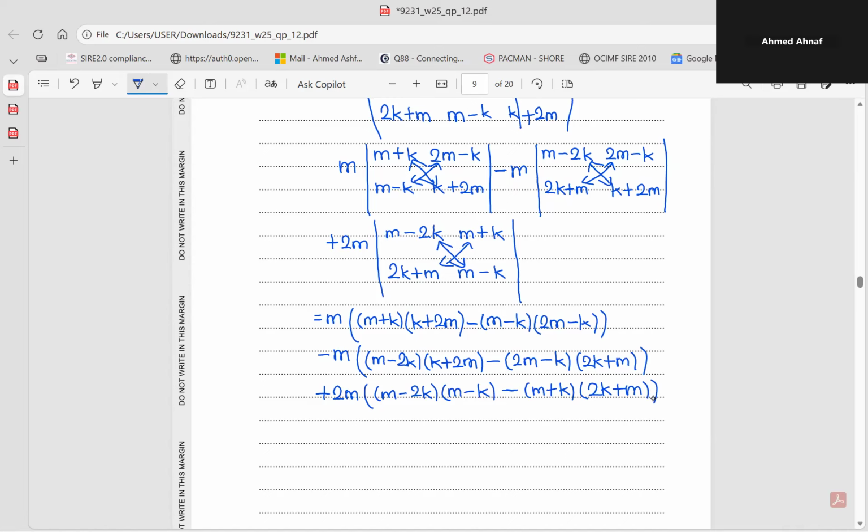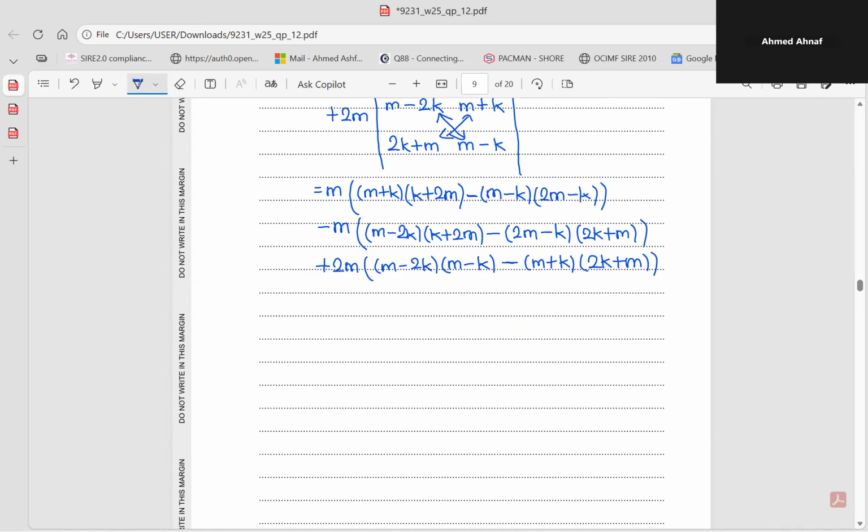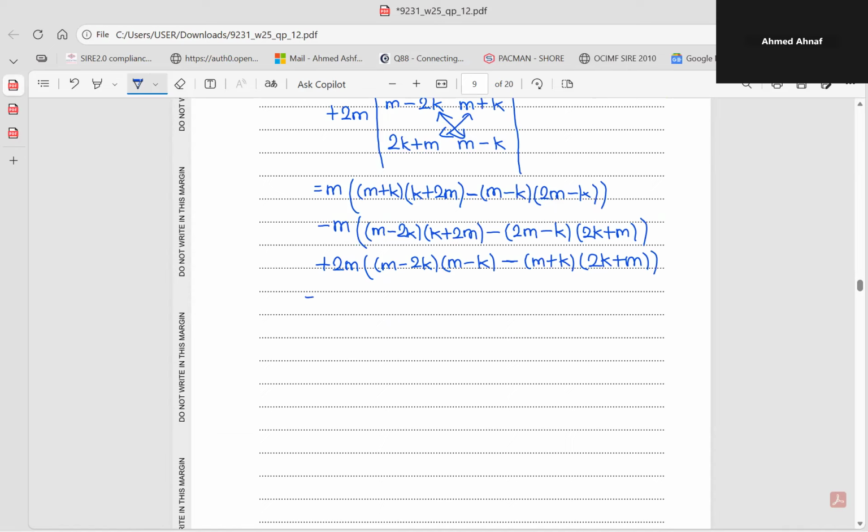Okay, so now let's expand and simplify this whole expression. That's going to take a lot of space.